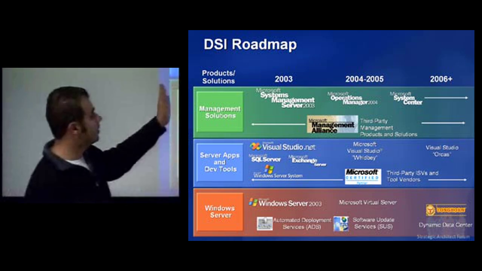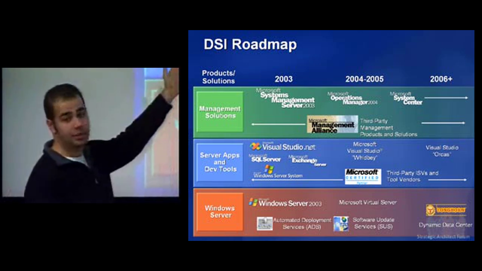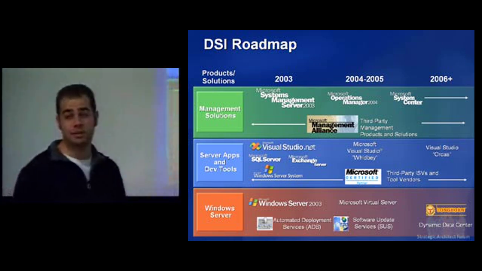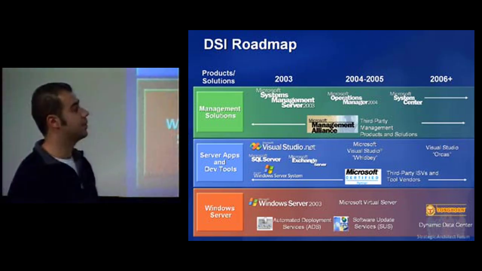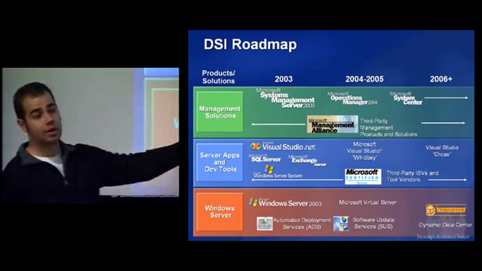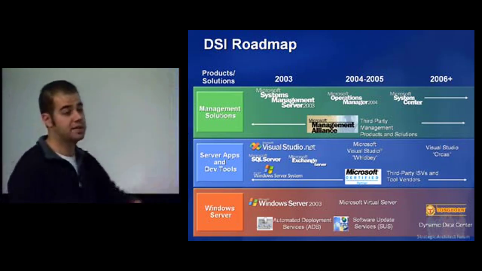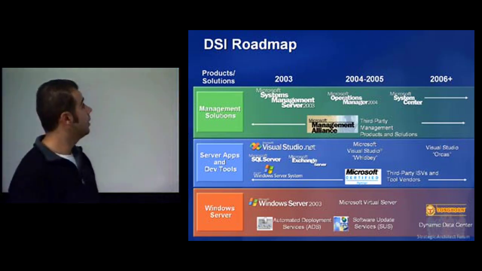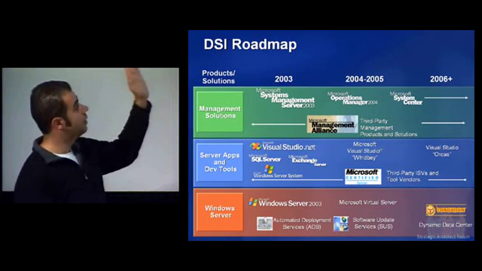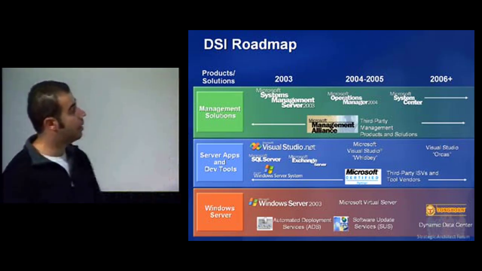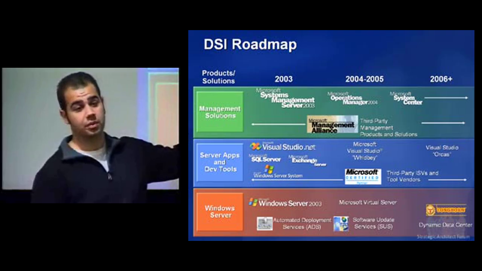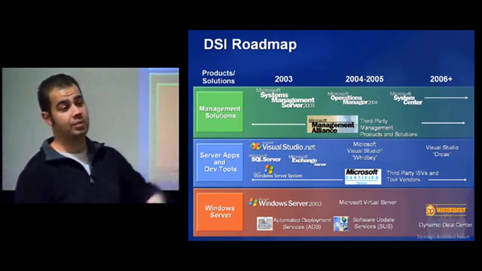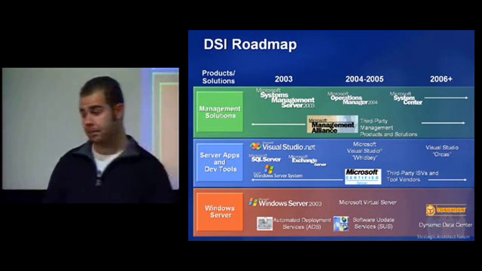On the server apps and tools side, we'll see Visual Studio Whidbey, which is in 2005, is the first release that supports the SDM. And we'll continue to see more work in terms of SDM support and system-level development tools. And in terms of management solutions, SMS and MOM, the next version of MOM, moving on to the System Center release, will completely enable system-level management using the SDM.